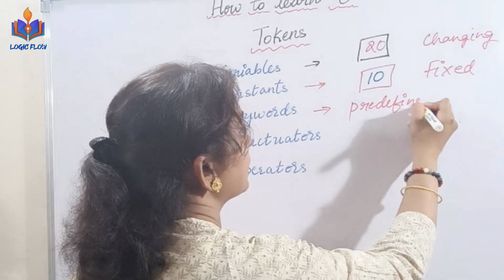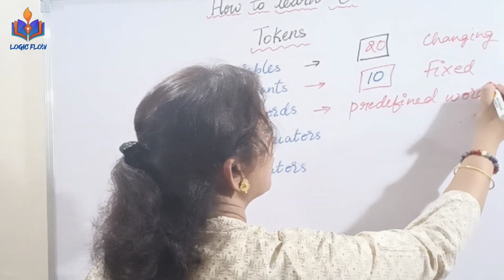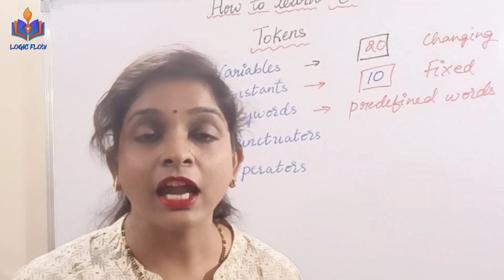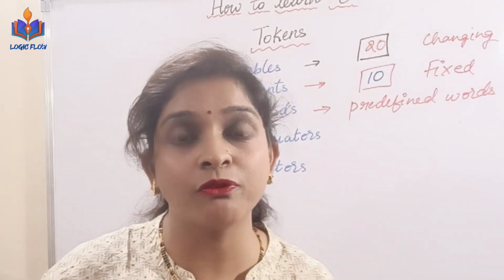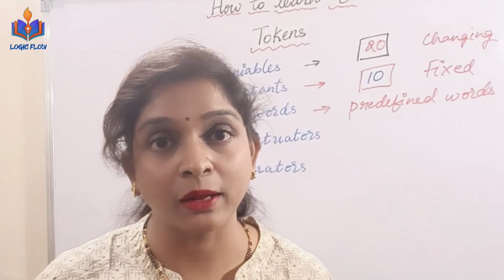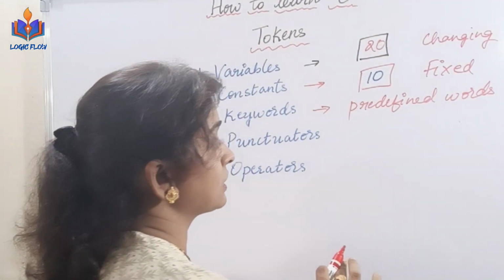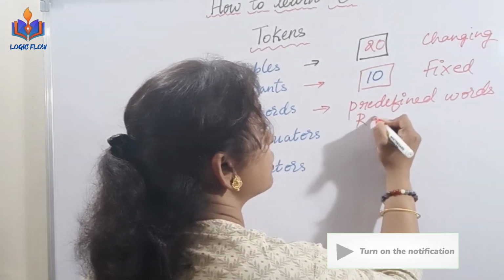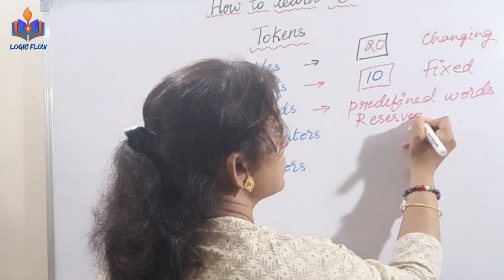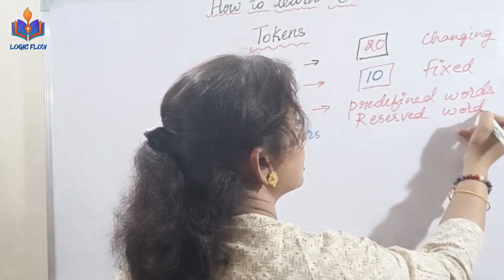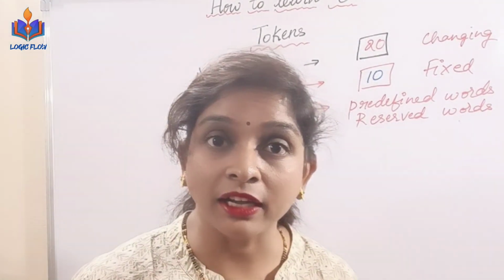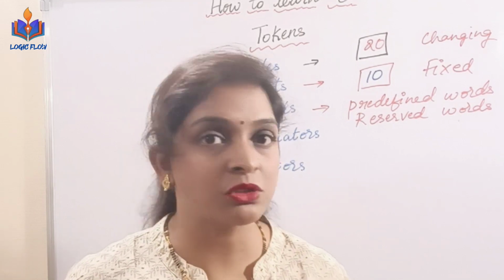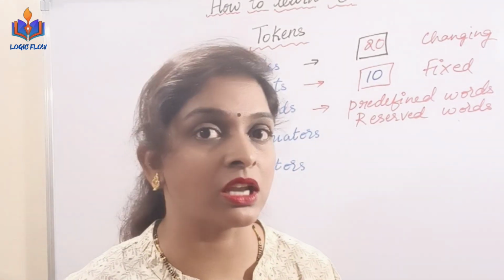Predefined words in the sense the meaning is already defined, and we have to just make use of those words in our program. They are called reserved words because the meaning is already defined and we cannot change that meaning. So our task is to simply make use of those words in our program.